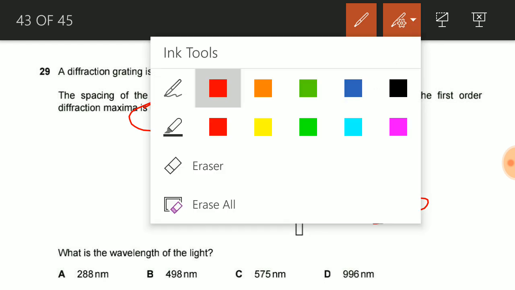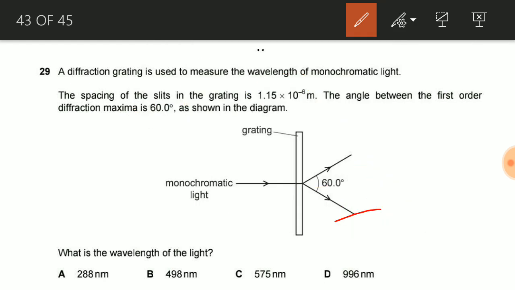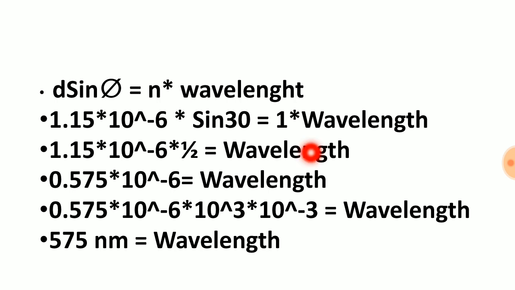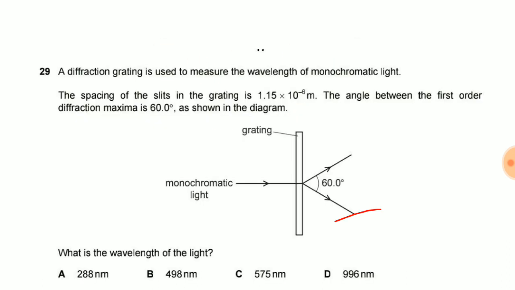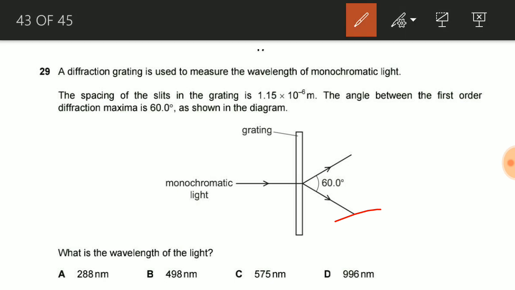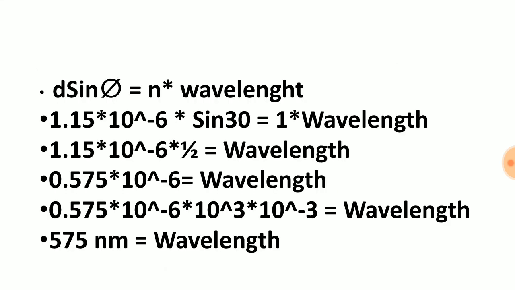Now our formula for diffraction is d sin theta equals n lambda. Lambda is wavelength. I have written wavelength here; the spelling is a mistake. Now d is given, and theta will be 30 degree from the mean position, and first order is written there, so I have to write 1 in place of n.